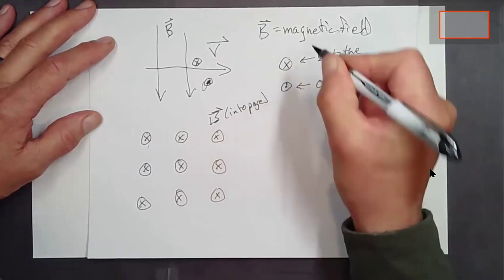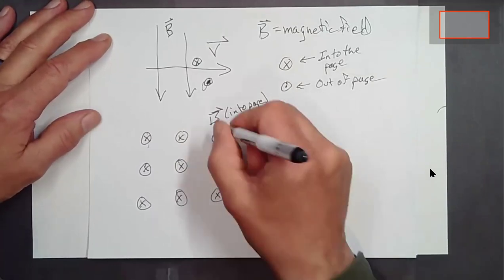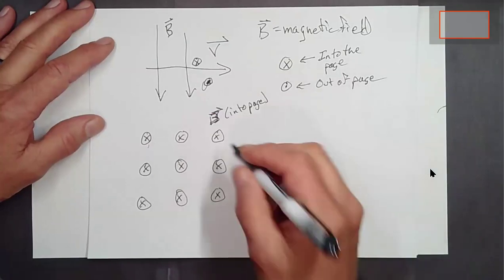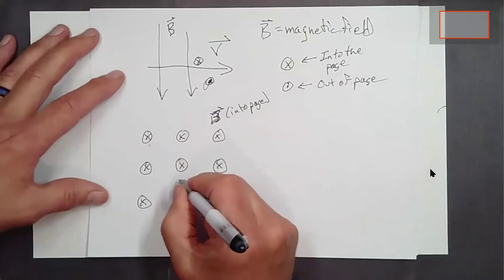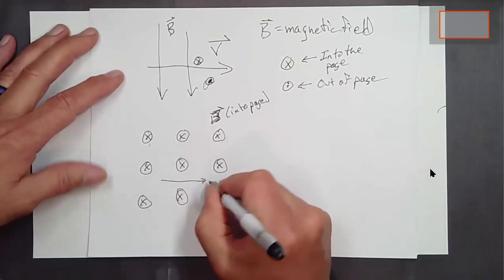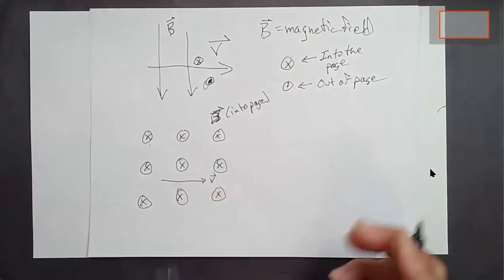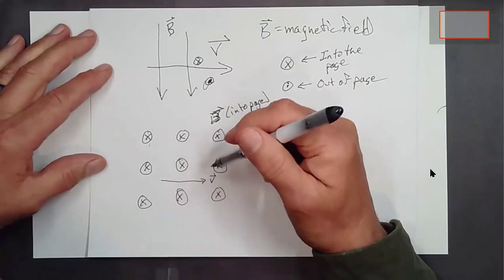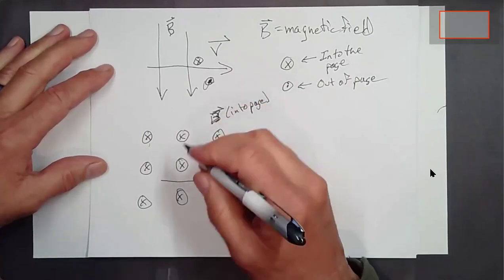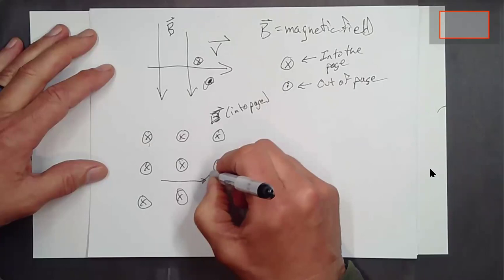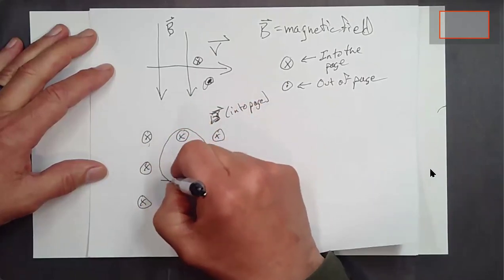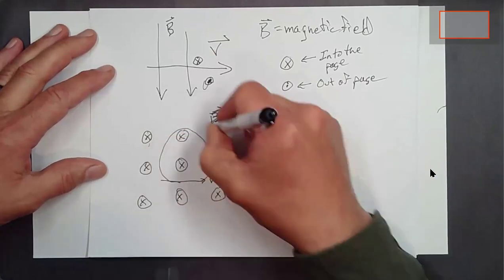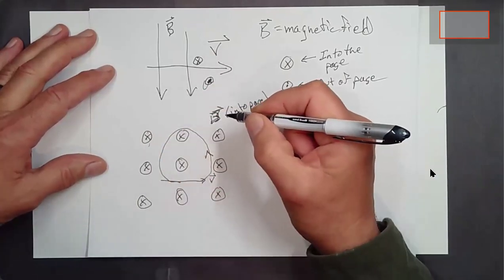And again, we use B for the magnetic field. That doesn't look much like a B, but pretend it is. Anyway, B into the page, and we have a particle that's got a velocity in this direction, and I'm just going to use a proton or an alpha particle, something like that, but the particle will end up traveling in a curve in this magnetic field, and it travels in a circle there.